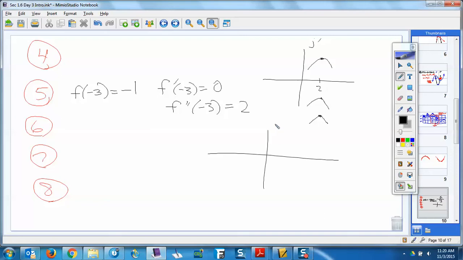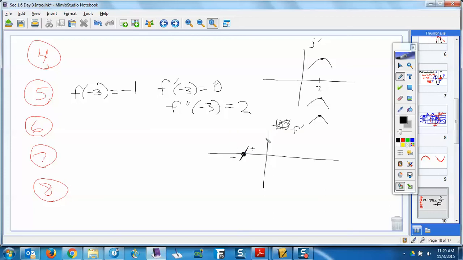I think you're agreeing with Andy then, right? You're kind of saying the same thing. If we had an F prime graph here, the fact that it's 0 at that point means it's crossing. And since the slope's positive at that point, it's going through like that, which means negative to positive.